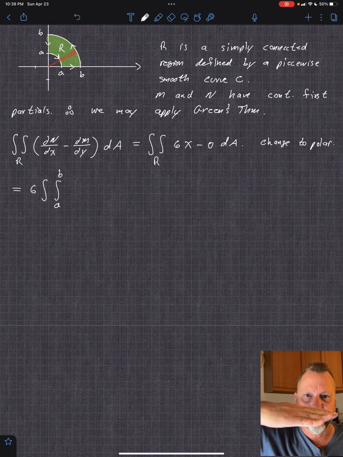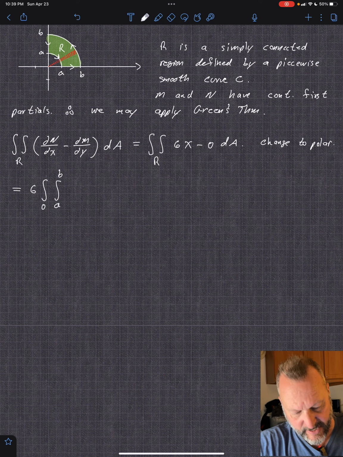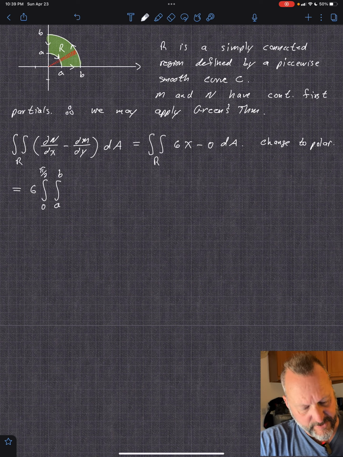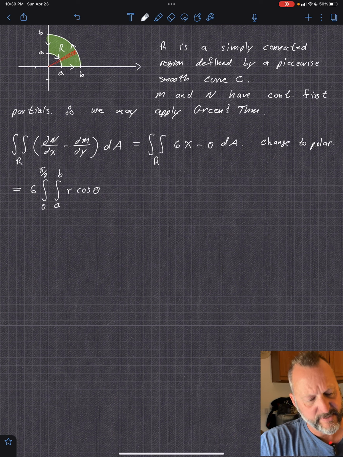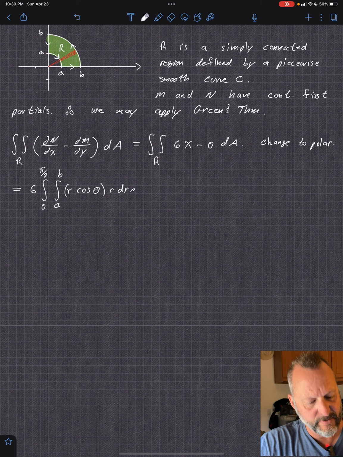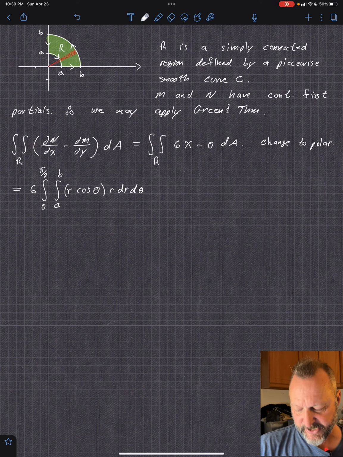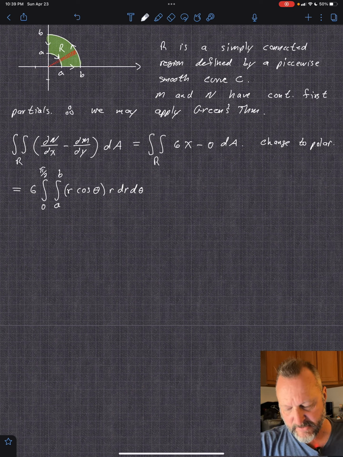So theta goes from 0 to pi halves. So 0 to pi halves. And you have r cosine theta is x. And then what? You have to say r dr d theta. So going right back to chapter 15, just like that.